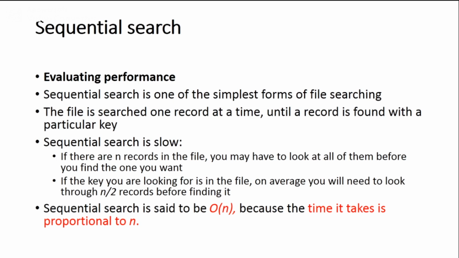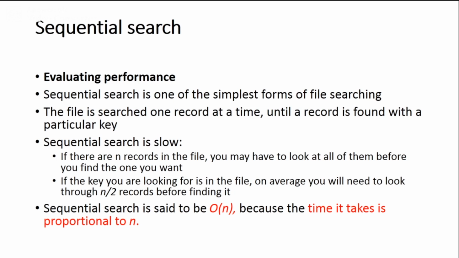The file is searched one record at a time until a record is found with a particular key. When you get that particular key, you stop your search and display that you have found the record.